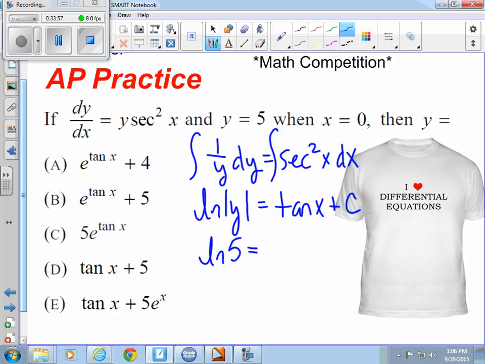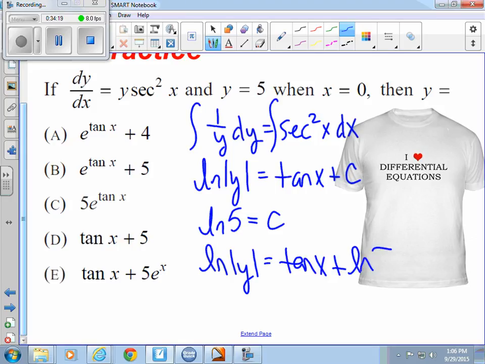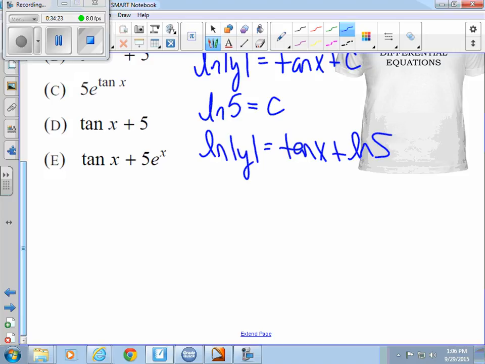Tangent of 0 is 0. Then e to both sides.